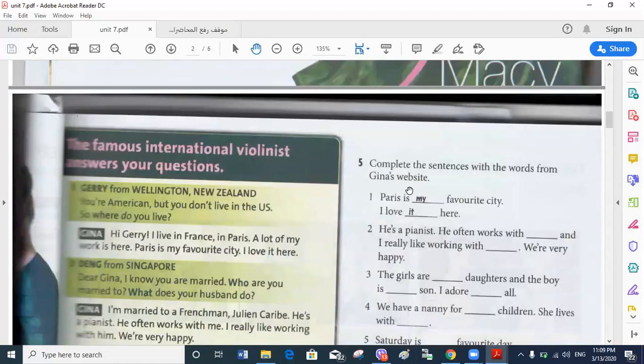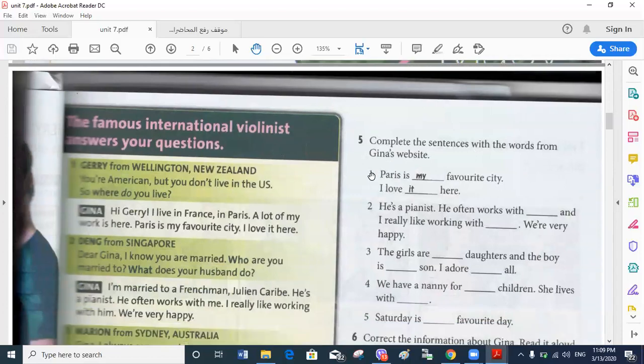When we go to practicing number 5, complete the sentences with the words from Gina's website. Paris is my favorite city. I love it here.